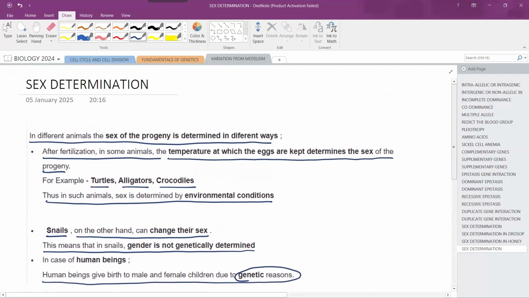So there is another homework for you: how turtles, alligators, and crocodiles are affected by external factors to determine their sex, and how snails get converted from male to female.